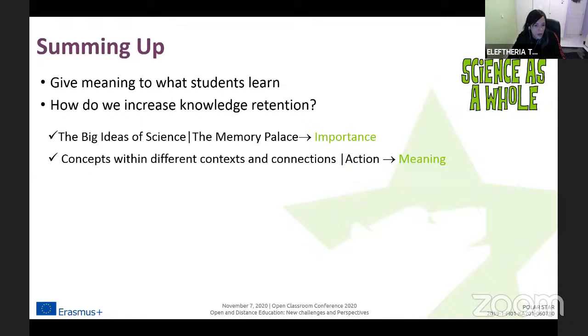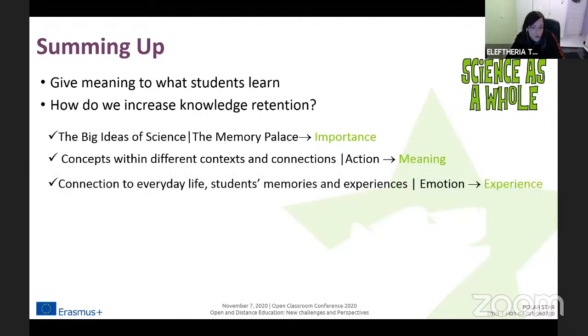And this is connected to the element of importance. We give meaning and action to the concepts by linking them to different concepts and to other everyday phenomena. We add emotion and experience to the learning process by linking what we teach to everyday life, to students' memories and to students' experiences.